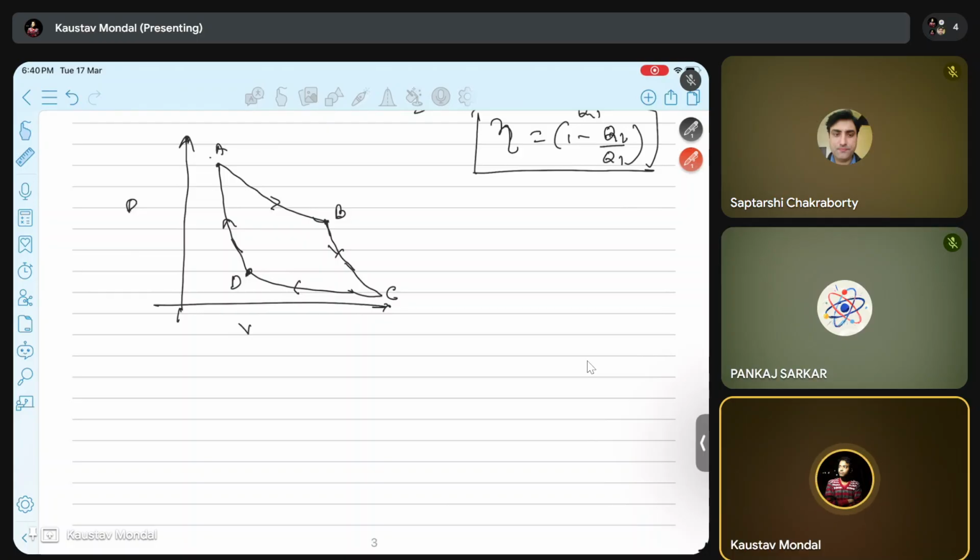So BC and AD are adiabatic processes. We have discussed earlier that for adiabatic processes, the PV curves are steeper. That means the other two, AB and DC, will automatically be isothermal processes.